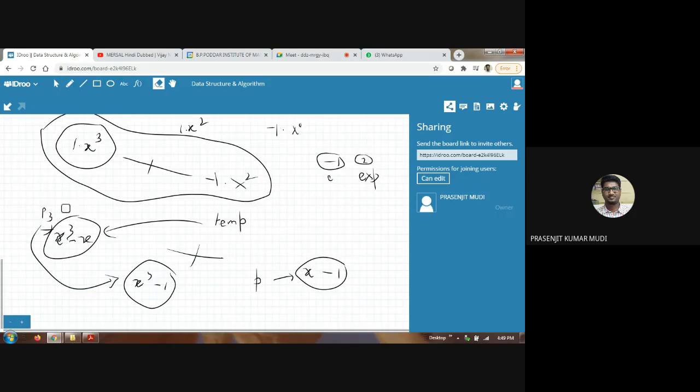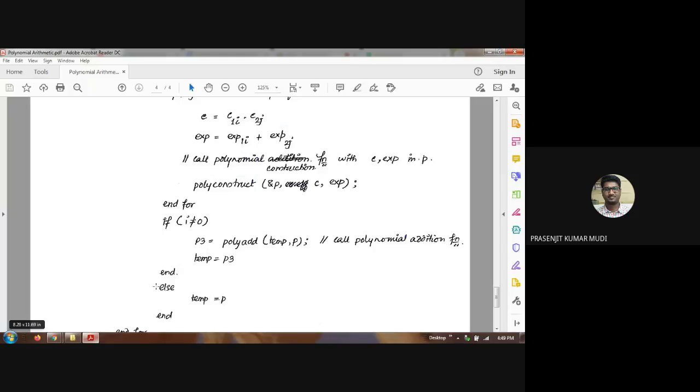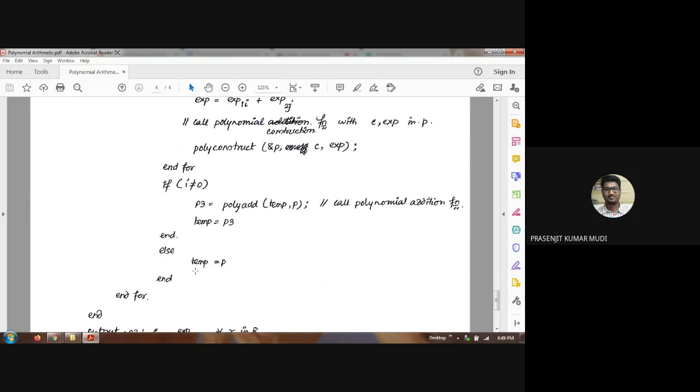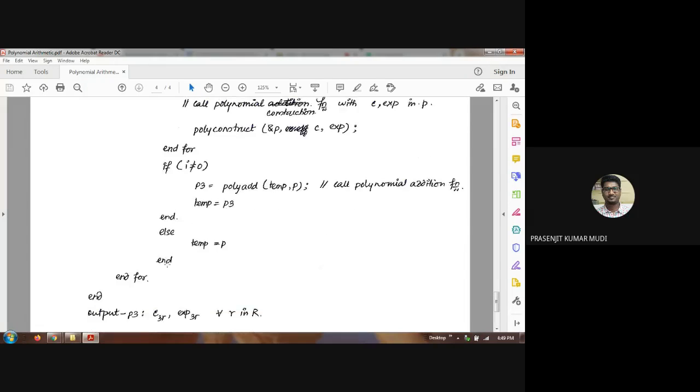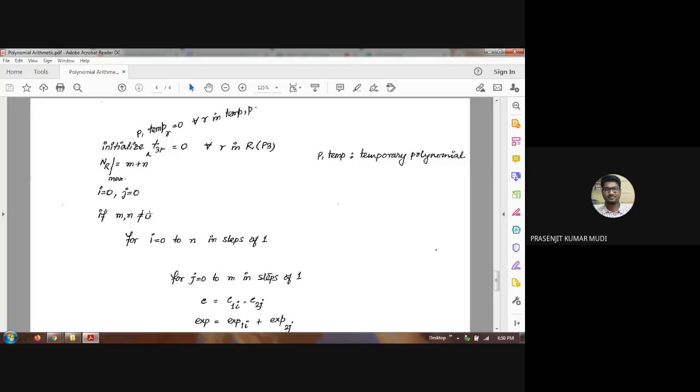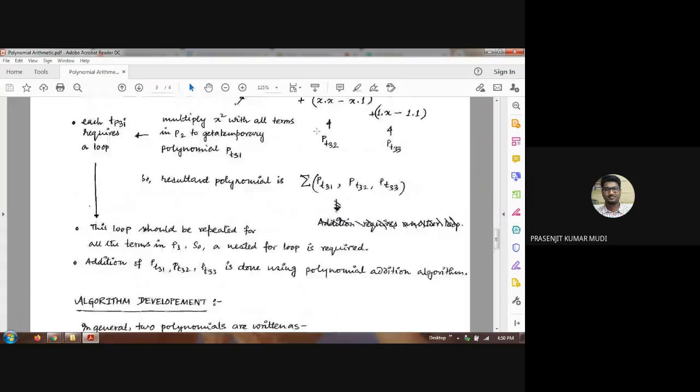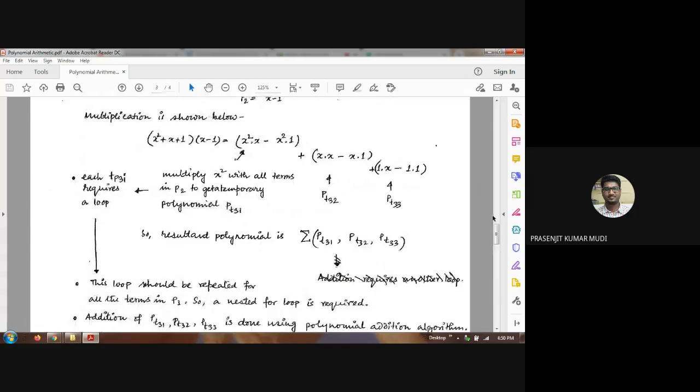So the earlier connection is lost, and temp will now point towards this. Temp is equal to P3. Then if closed, else closed, end for, and this for is terminated because this for is supposed to be executed for 3 times only. We have explained with the help of this example.